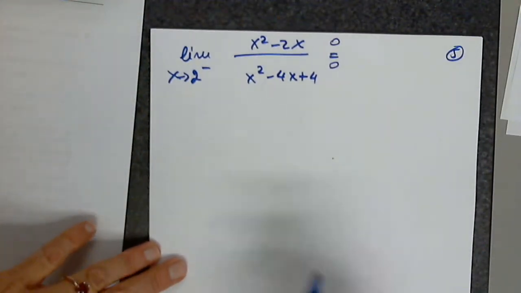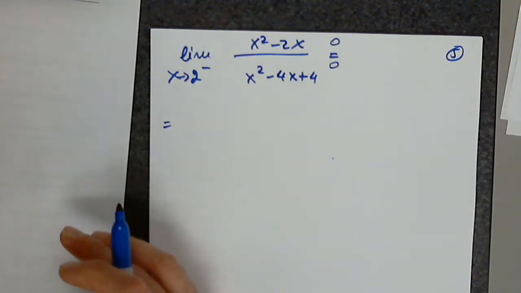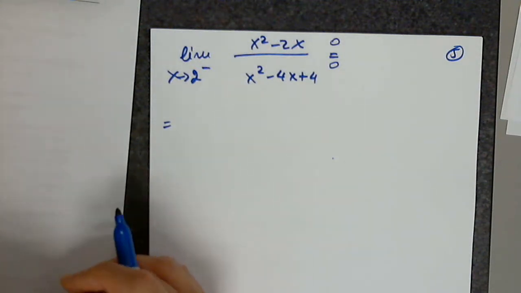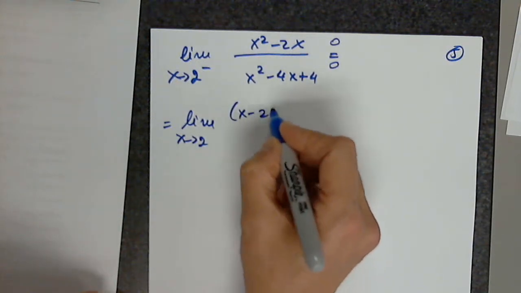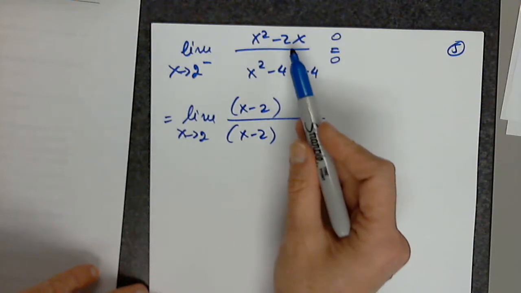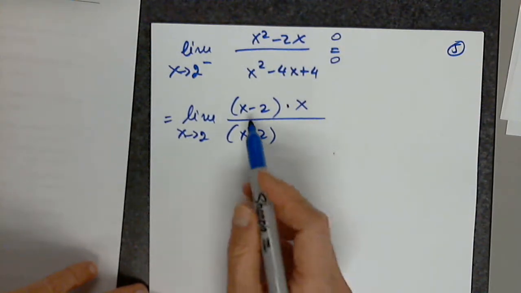And I know for sure that something has to happen. The top and the bottom must have what? Common factor. Which is? X minus 2. Very good. It has to happen. Good. So how do I get that from the top? Yes, multiply by x. And what about the bottom?